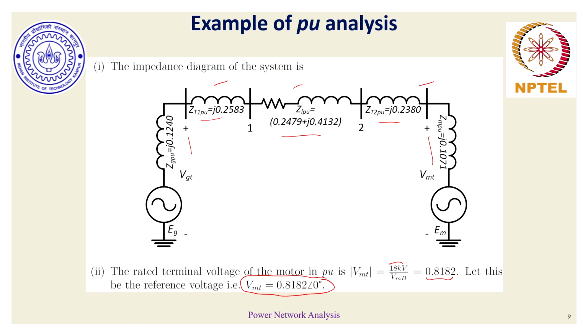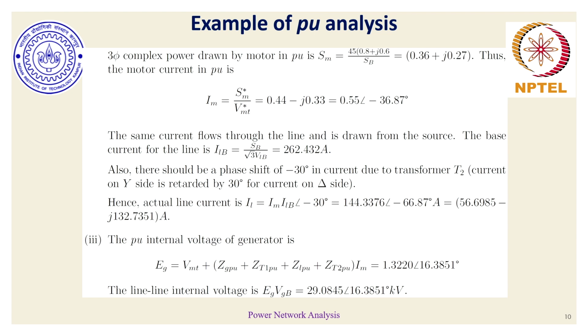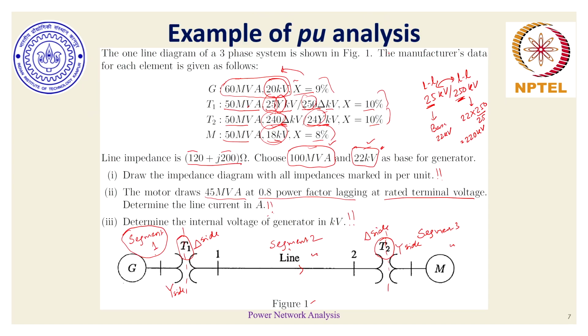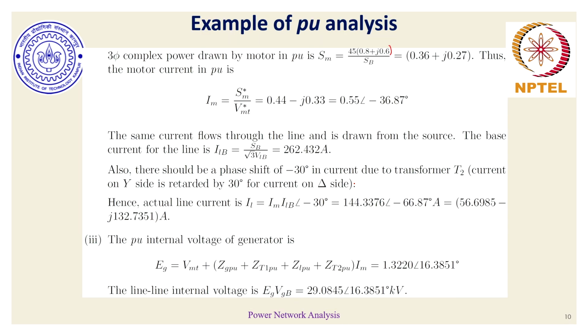Once we know the base and the phasor reference for all phasor quantities, we can convert the operating power of the induction motor, which is operating at 45 MVA and 0.8 power factor lagging. This is essentially what is mentioned. So 0.8 power factor lagging, when we convert into corresponding real and reactive power, would become 0.8 plus j0.6 multiplied by 45.